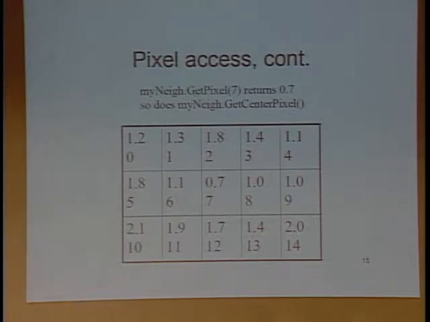We can use the getPixel function to read the values at a particular neighborhood position. For example, position 7. That's the position for the center pixel. Then it will return you 0.7. And you can also call this getCenterPixel to get the pixel value of the center pixel.